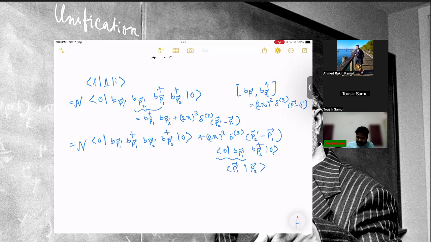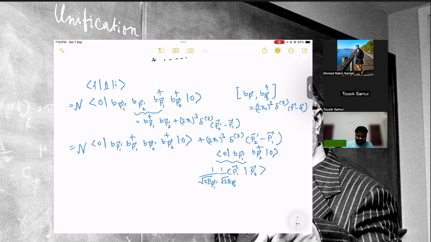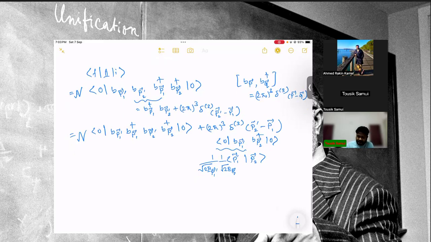This is not exactly p, this is actually 1 over square root of 2E_p1', because of the normalization that we define, and p2 also carries a similar term, which is square root of 2E. So these are the normalizations. If you remember, our states were created with this normalization, and then you have the normalization here also.